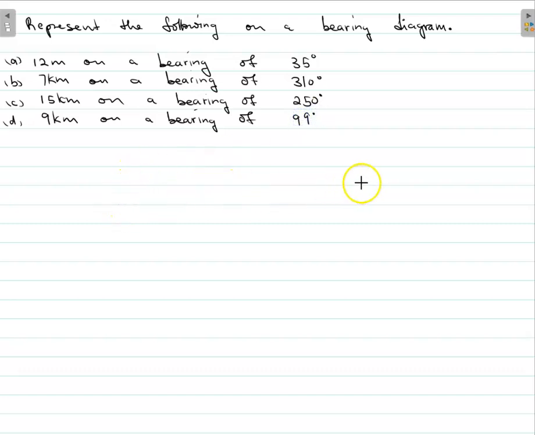Alright, so try to do those 4 and test your basic understanding of mapping out bearings. If you didn't understand, you can replay the previous part and catch on and then move on.